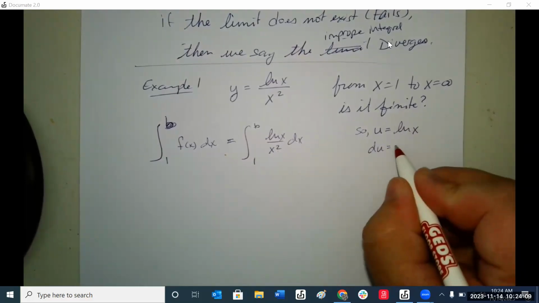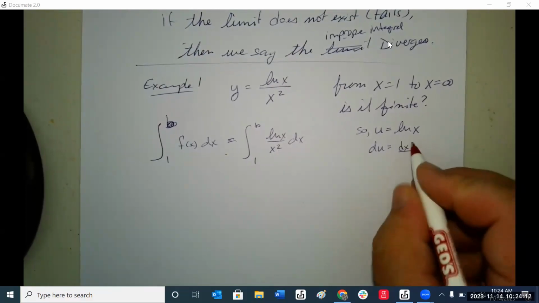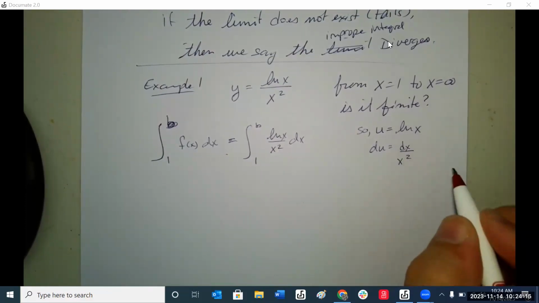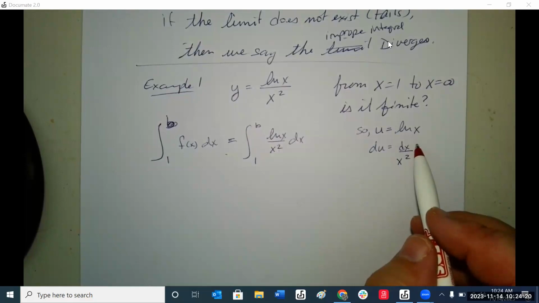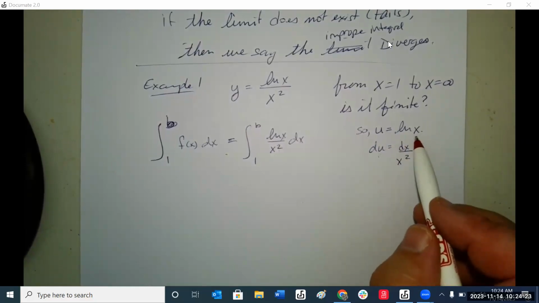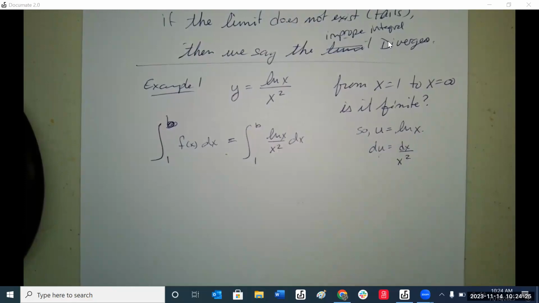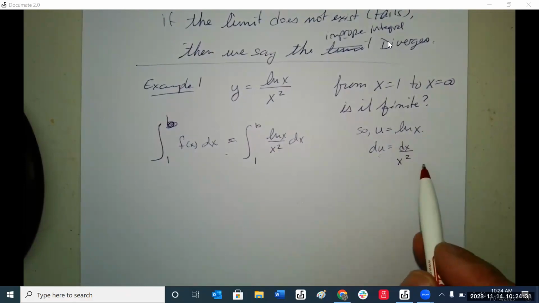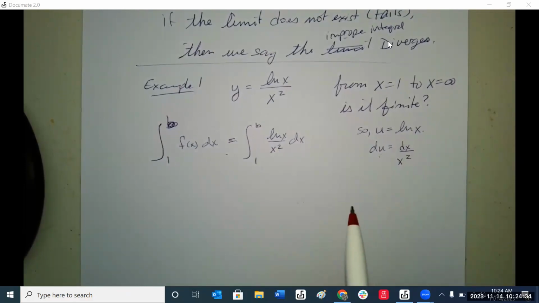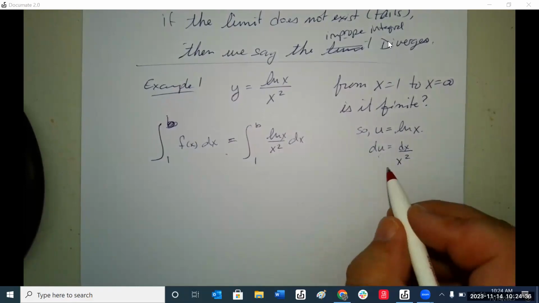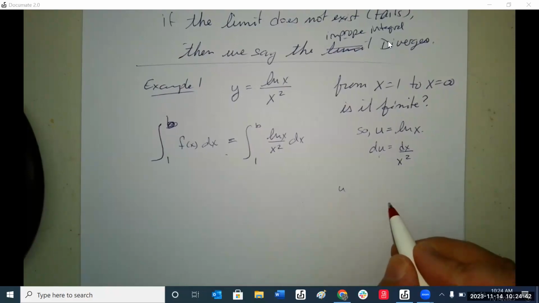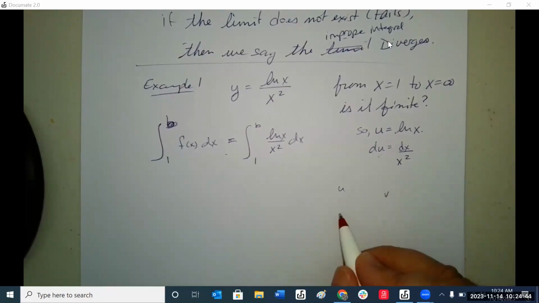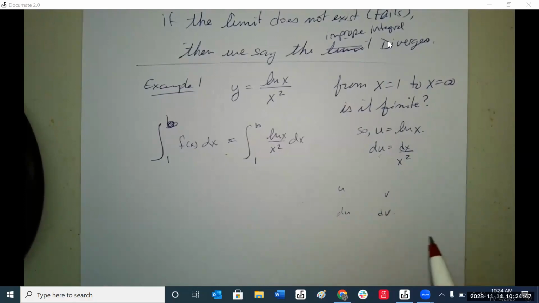Then du will be dx over x. I need to have the u, v, du, dv.